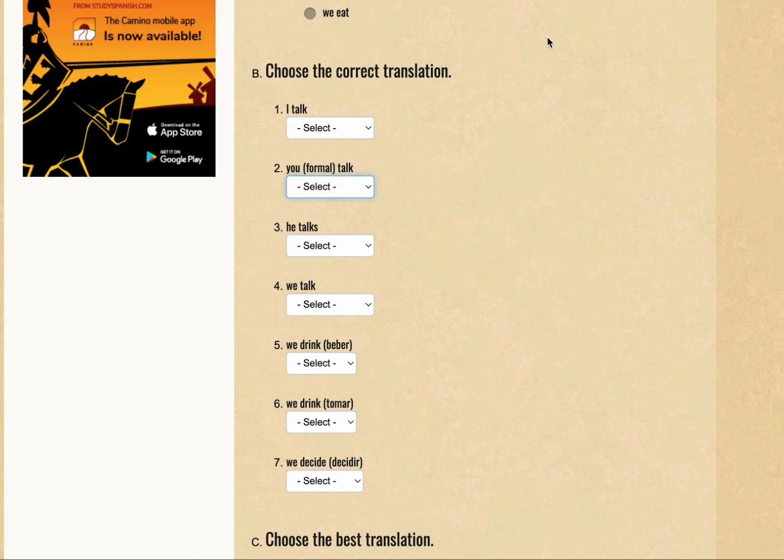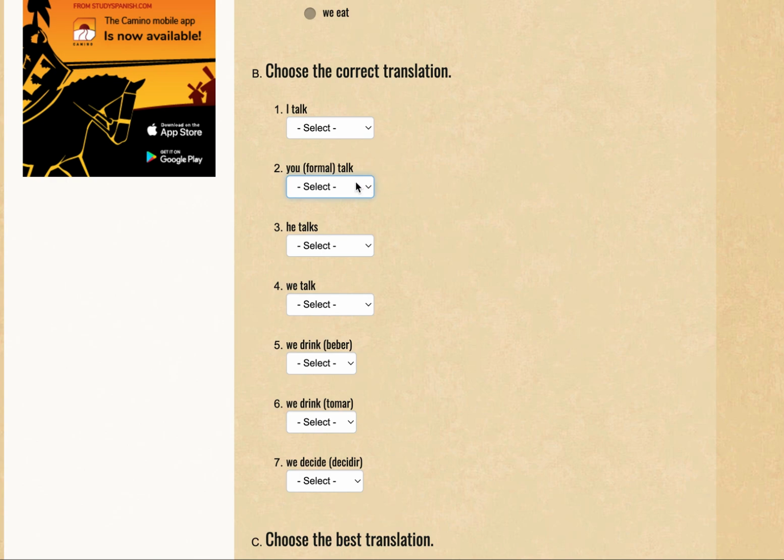You formal is usted, and from what we just saw, usted comes in the same category as el and ella, right? And it's he or she, so you add an a or e to it.